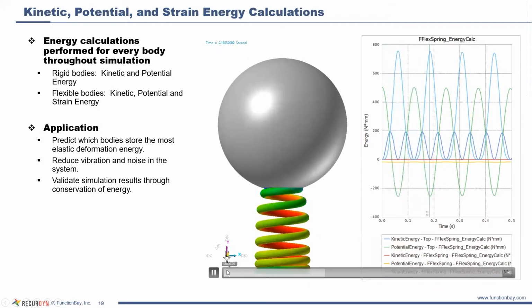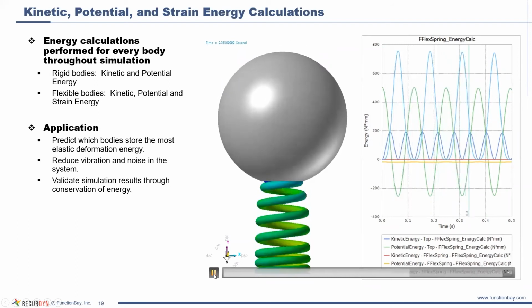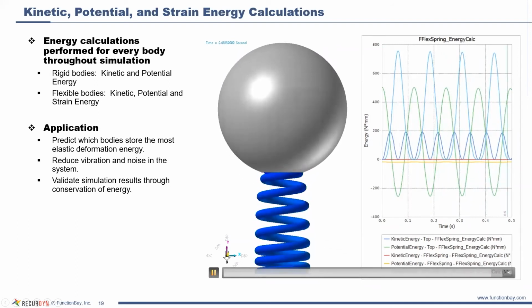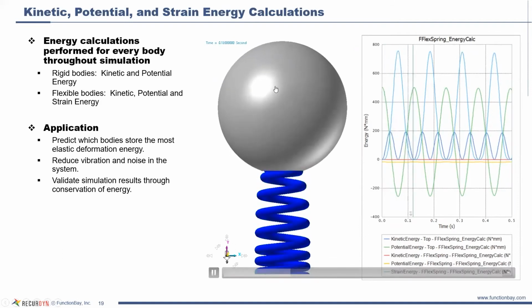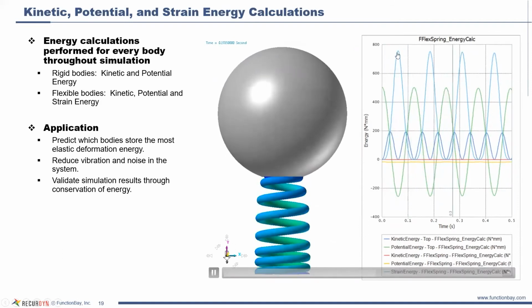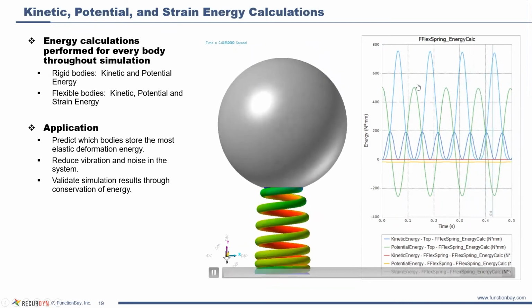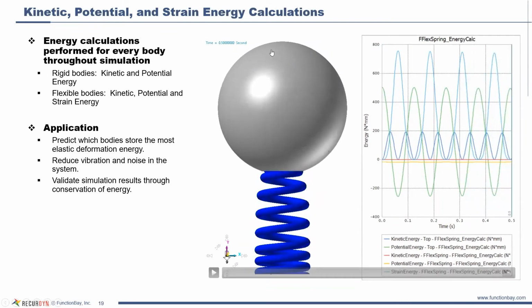The spring has been modeled as a flexible body. And so as this simulation runs, we can see the variation in the strain energy. Obviously, the kinetic and potential energy of this top body are also changing as well.